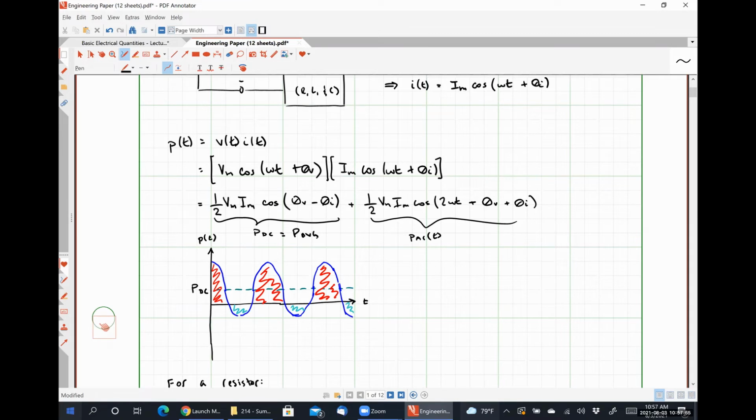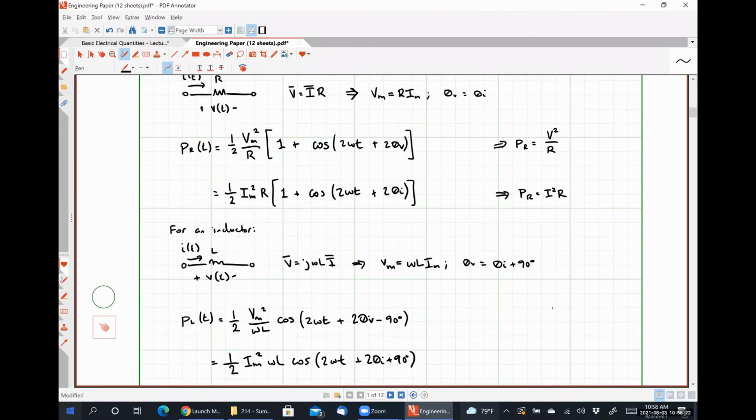If we look at the graphical relationship, this should make sense because exactly half of the time our instantaneous power is above our DC contribution, and exactly half of the time it's below. So that DC portion of our instantaneous power is exactly our average power. Let me scroll back down here.